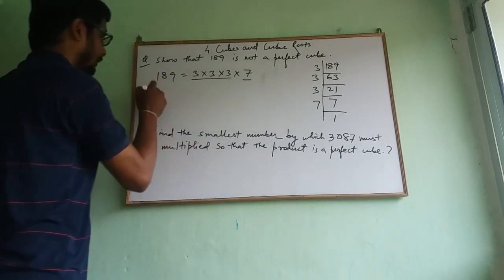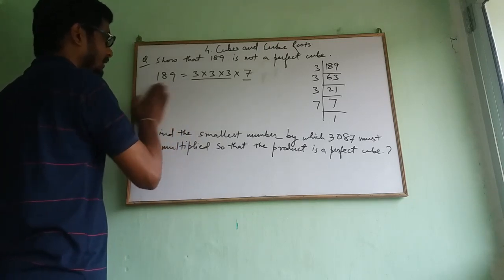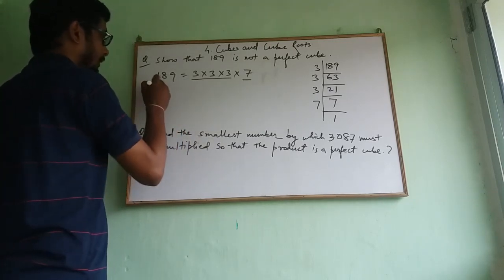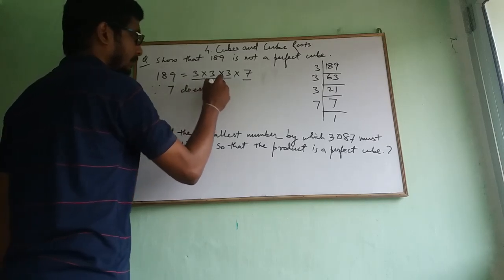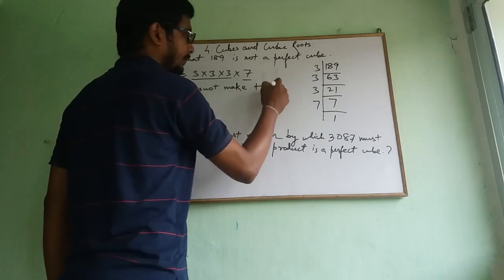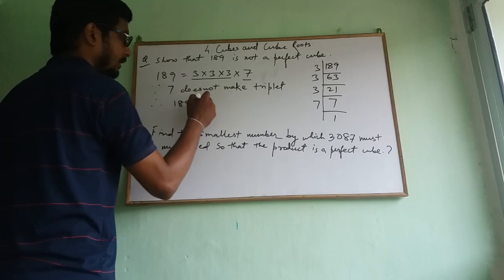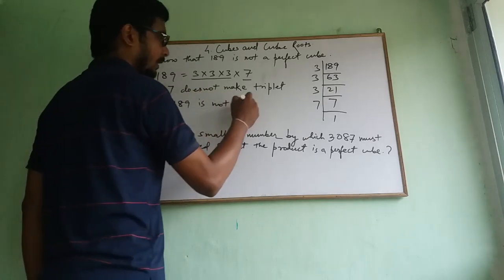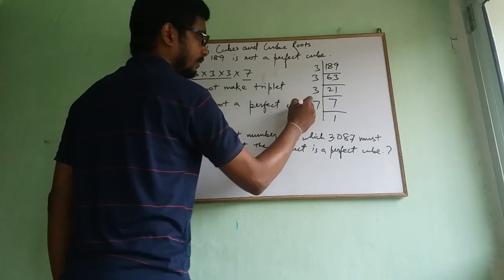So therefore 189, you can write it this way: since 7 does not make a triplet, therefore 189 is not a perfect cube.